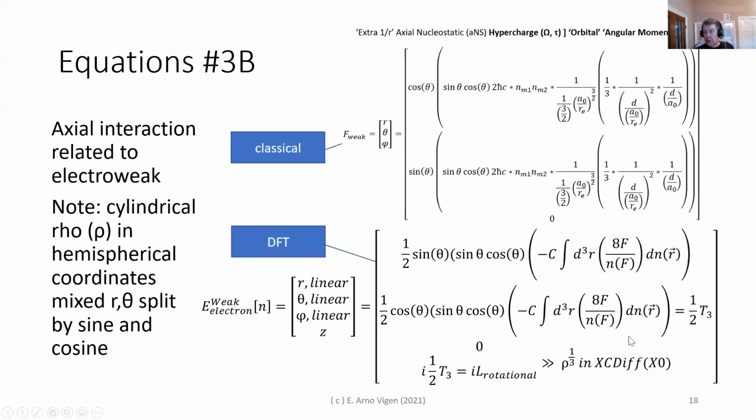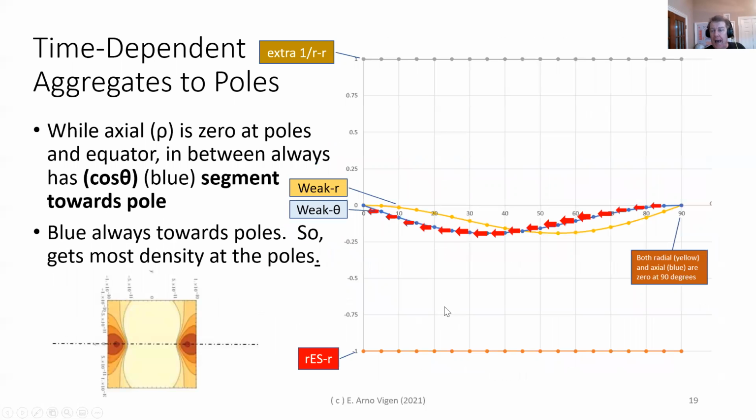The T3 that's in your equation actually becomes an invisible rotation, and that becomes in your exchange coefficient difference on the x0 as a rho to the cube root, again, because of the exponents, that extra 1 over r. So as a result, we have radial electrostatic pulling electrons in, extra 1 over r pushing them out, the weaks from 0 to 90 degrees, but at every point there is this theta direction pulling it towards the things. That's what gets you this distribution.